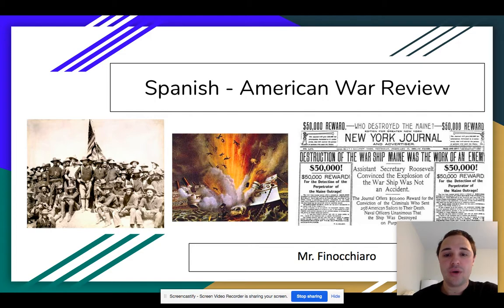Right here in the center image, we have a graphic picture of the sinking of the USS Maine, which was a United States warship that was attacked. And this sparked the beginning of the Spanish-American War.